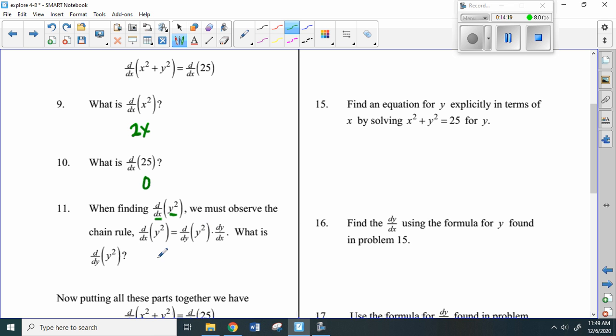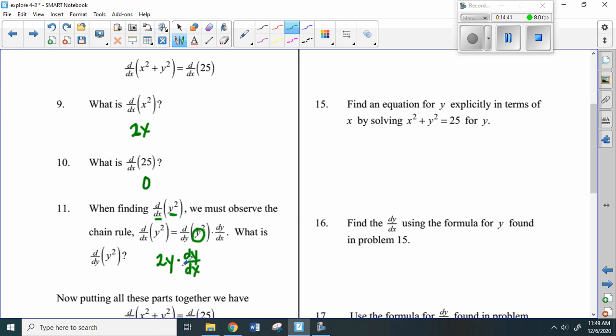So we're going to take the derivative of y squared, but then we have to observe the chain rule by taking the derivative of the y, the piece that was raised to a power, with respect to x. That just means we're going to multiply by dy over dx. So it's a notation thing.